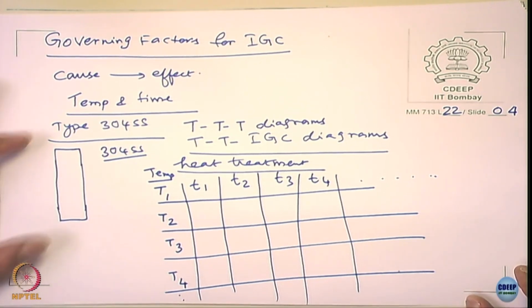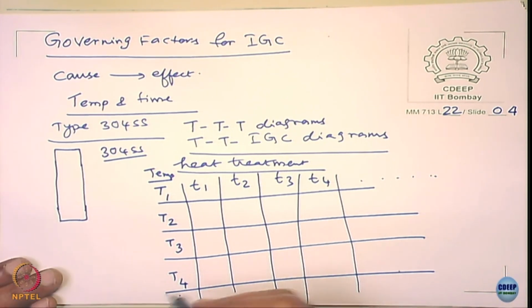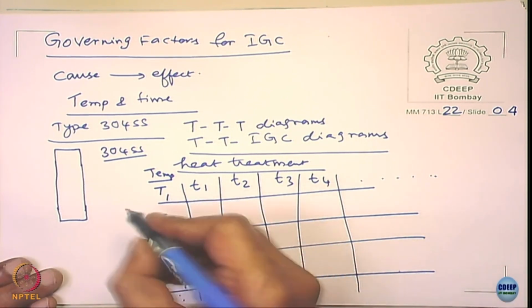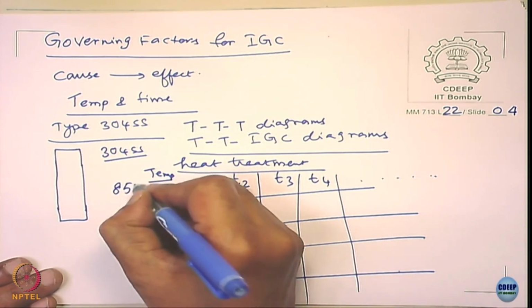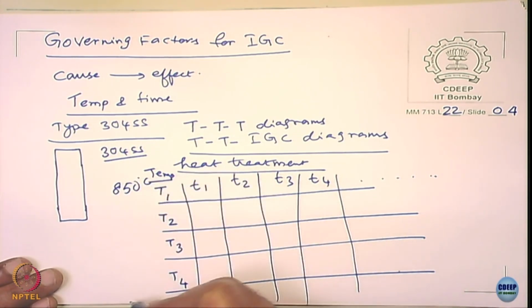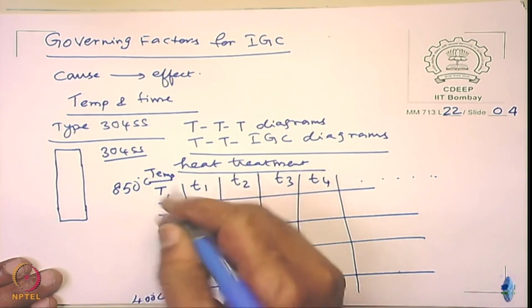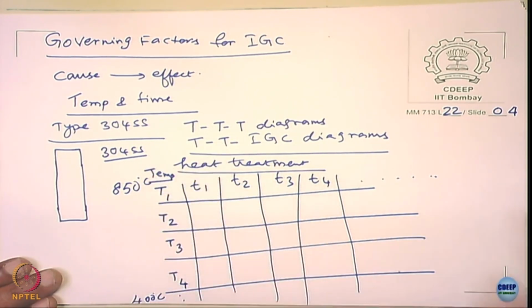So you can take this material and subject them to heat treatment in the approximate temperature region. Let us say one can start with about 850 degrees Celsius and go down to about 400 degrees Celsius, something like that, different temperature intervals and time intervals, do the heat treatment on that.